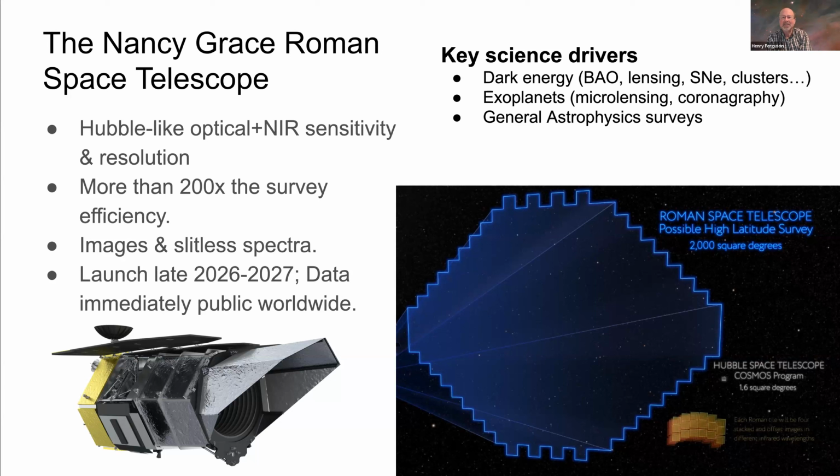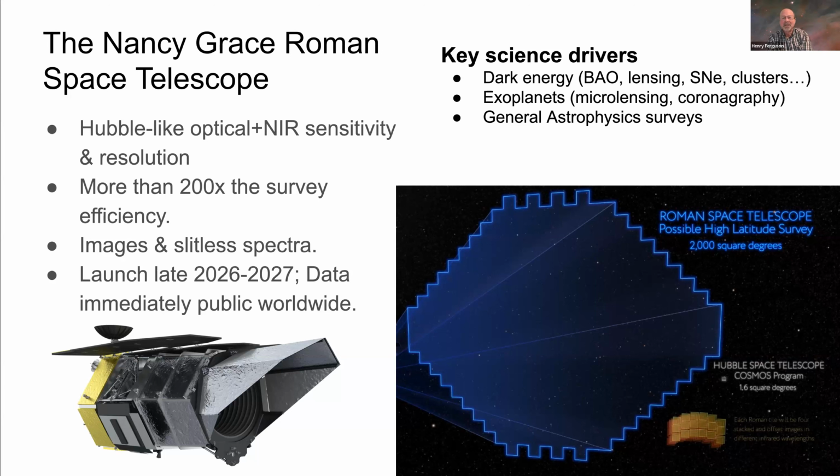The science drivers that motivated the mission are dark energy, with similar kinds of measurements that other facilities are doing, just at different redshifts and with different parameters: baryon acoustic oscillations, weak lensing and strong lensing, supernovae, clusters of galaxies. For exoplanets, there's a very big program associated with microlensing, focusing on the galactic bulge, that will get dense time series observations.